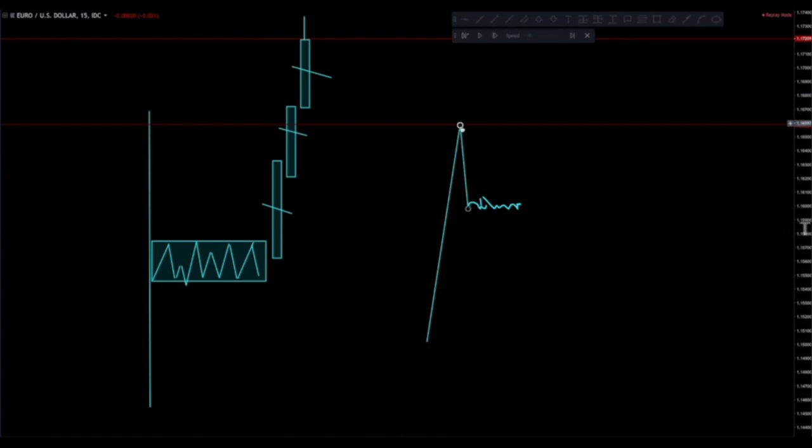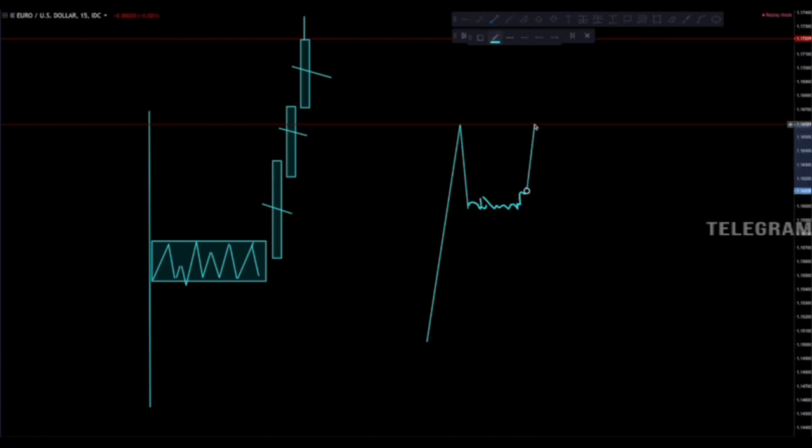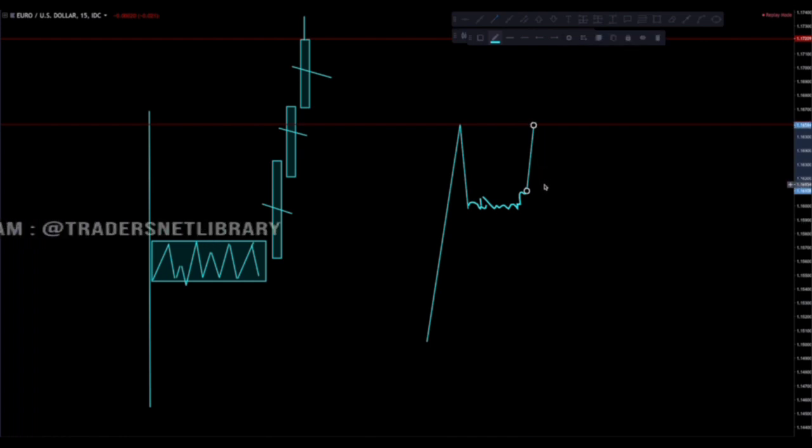I will mark the first point because that's some kind of resistance, always. And then we'll move higher, can move higher and do another spike to this resistance and then a sharp drop.